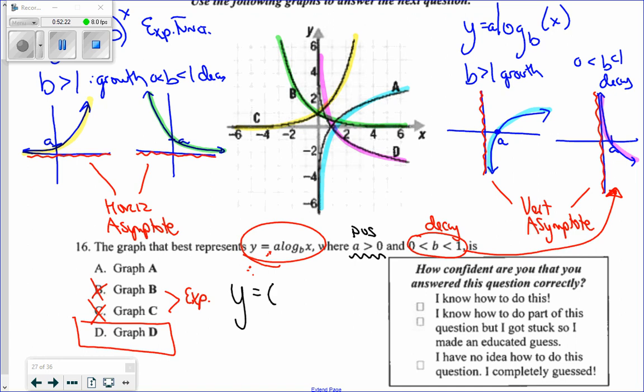Thank you. Okay. This means that b is between 0 and 1. Give me a number that's between 0 and 1. Half. Okay. You have a graphing calculator. Let's use it.